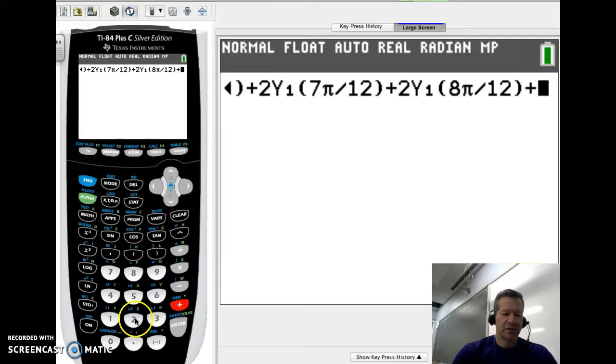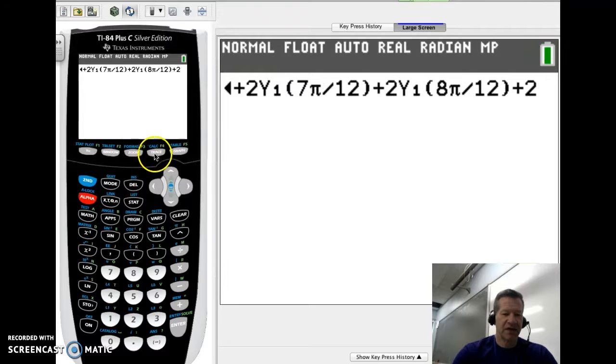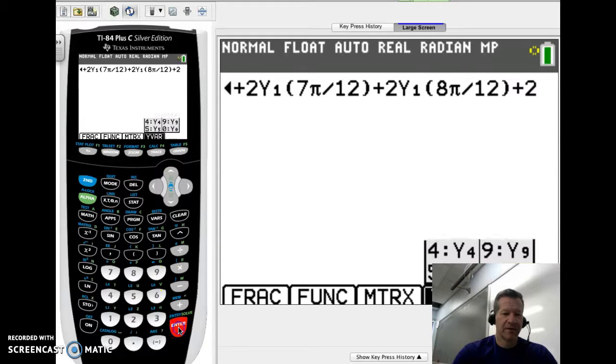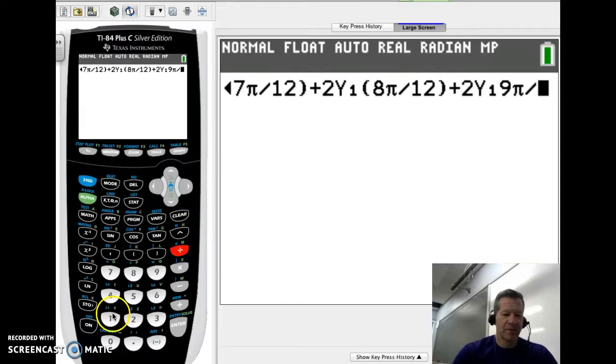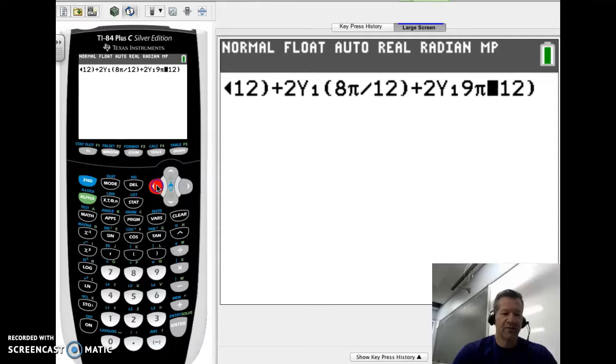plus 2 times f of 9 pi over 12. So just exactly how, and look at that, I forgot a parenthesis. So let me insert a parenthesis in front of that 9. That'll happen from time to time. Make sure you keep your eyes on what you're doing now and then.